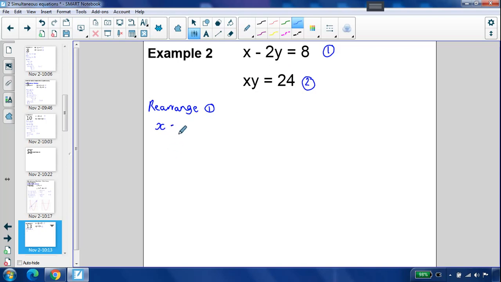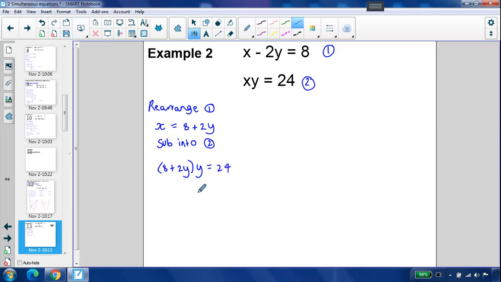So add 2y to both sides. I'll have 8 plus 2y. And now I'm going to substitute it in to equation 2. So I'll have 8 plus 2y multiplied by y is equal to 24.